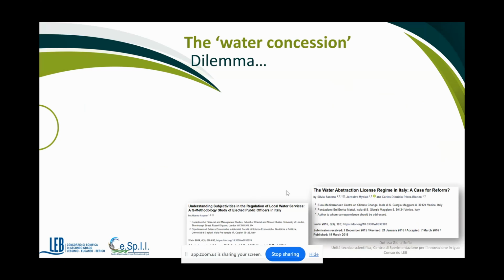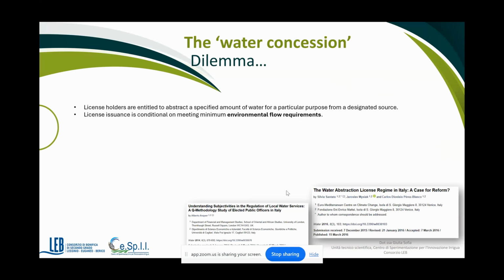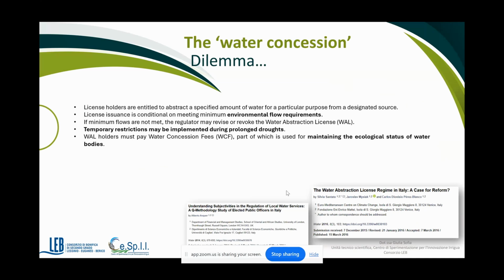But the way water is given, and that's what brings me to the practical application, is that people have licenses to use this water for a specific purpose. These licenses must consider environmental flows, which are mandated by law. There are policies that prevent water use when the minimum requirements are not met. It means during droughts, there might be water, but we cannot use it.